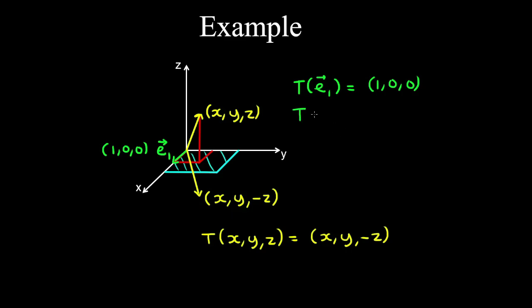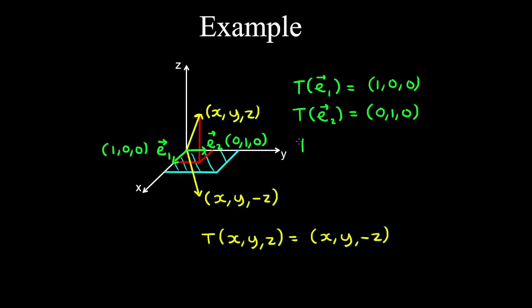And for our next basis vector, being the unit vector E2, which has components of 0, 1, 0, well, this vector is also going to remain the same if we reflect it about the xy plane.